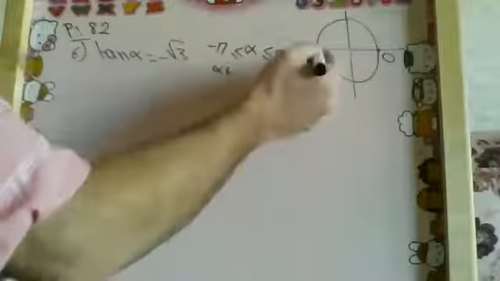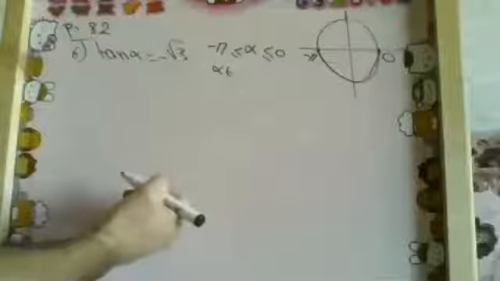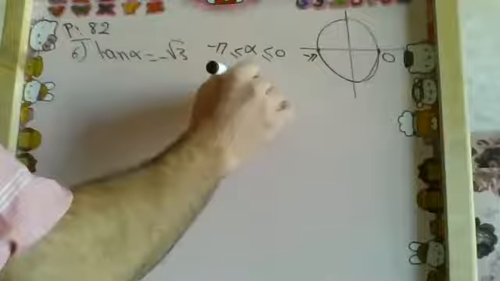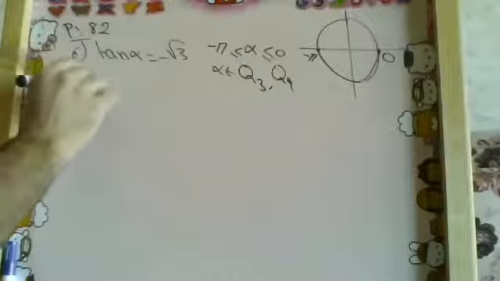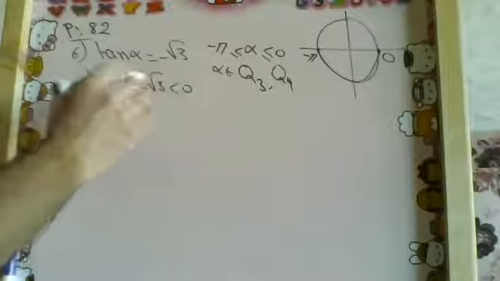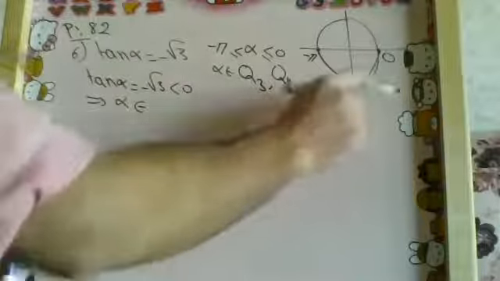According to this, from negative pi to 0 it is between quadrant 3 and 4. But you are given here that tangent alpha is negative radical 3, it's negative, so alpha should be in quadrant 4.